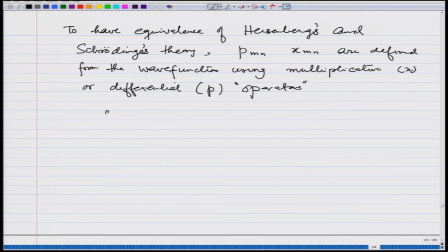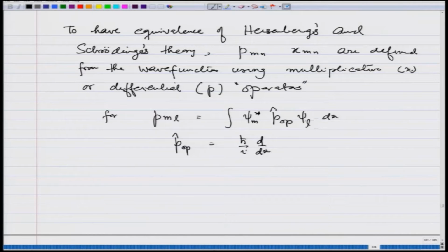So, for p m L, is this equal to integration psi m star, then I apply p operator, sometimes it is written with a hat on top, psi L dx, where p operator is equal to h cross over i d by dx.